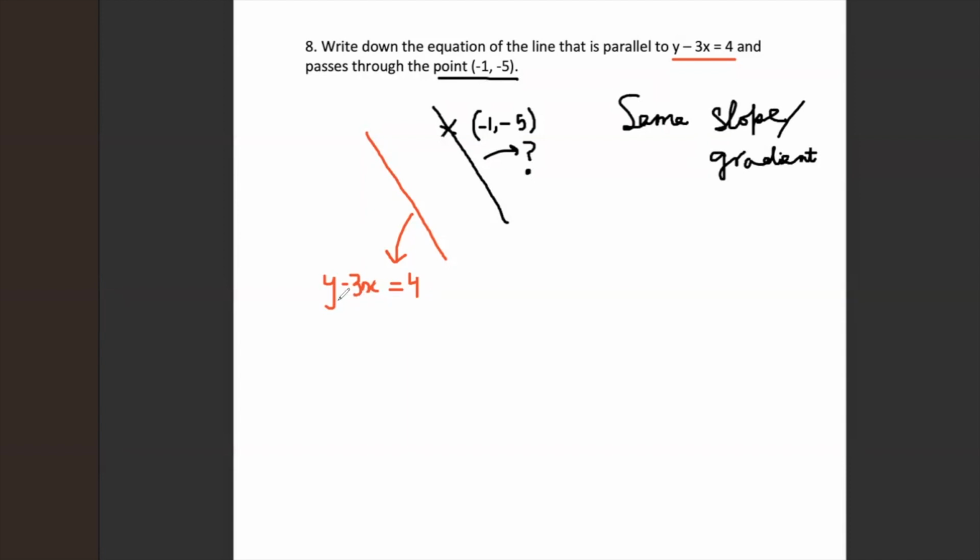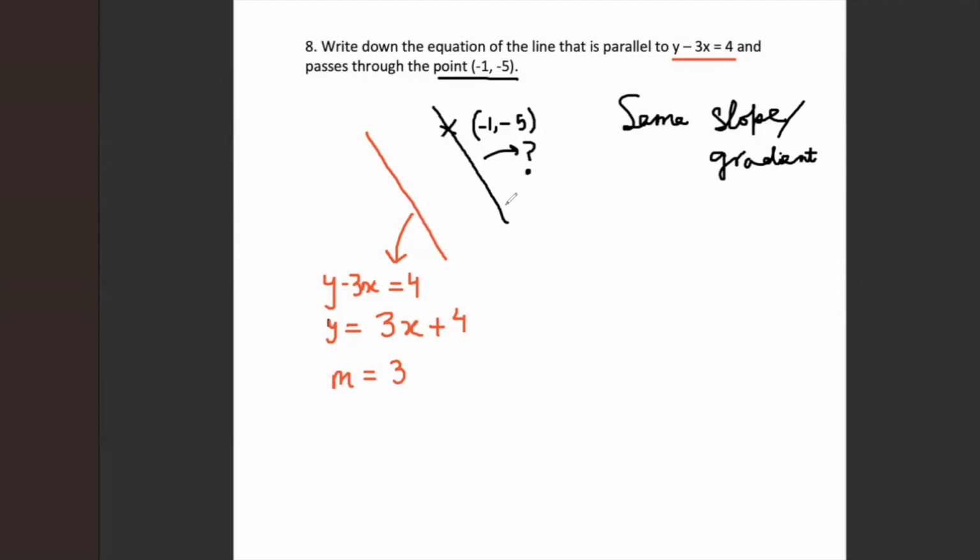It's not given in the form y equals mx plus c. So we have to move this minus 3x to the right-hand side. So let's rewrite this equation as y equals minus 3x. If we move it to the right-hand side, it should be a plus 3x. And there is already a plus 4 there. So the gradient of the original line given to us is 3, right?